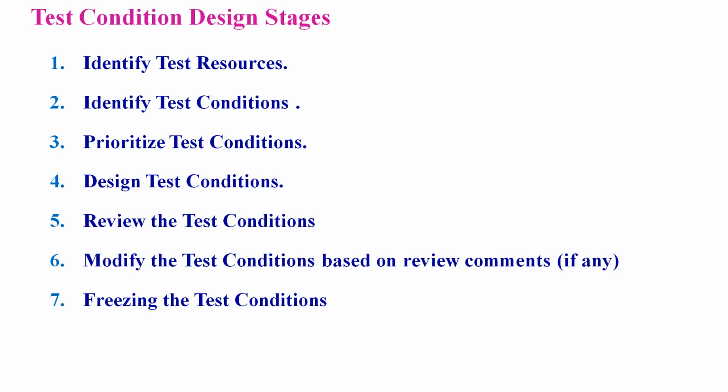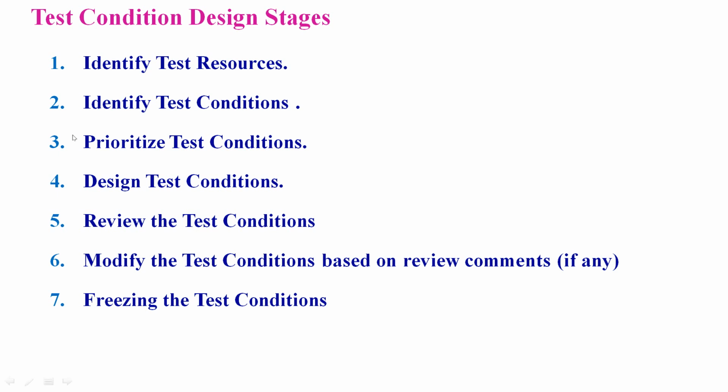First stage, identify the test resources. Next, identify the test condition. Prioritize the test condition. Design the test condition. Review the test condition. Modify the test conditions based on the review comments, if any. And finally, freezing the test conditions.